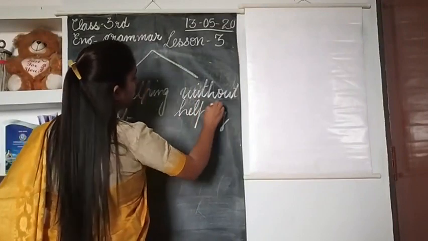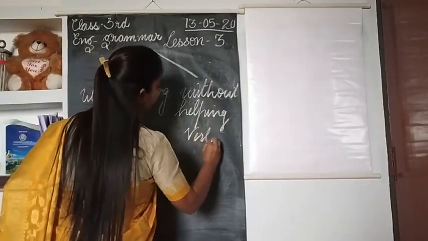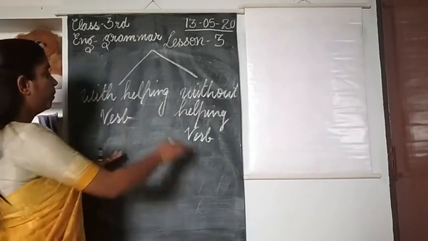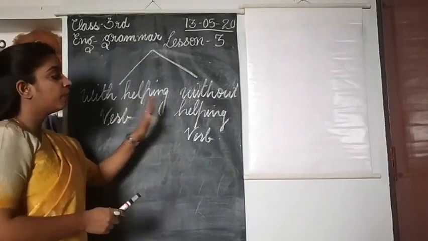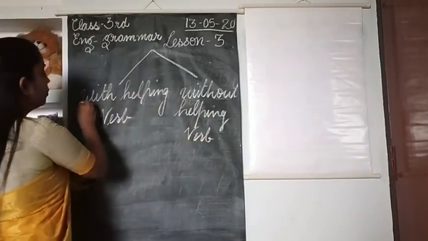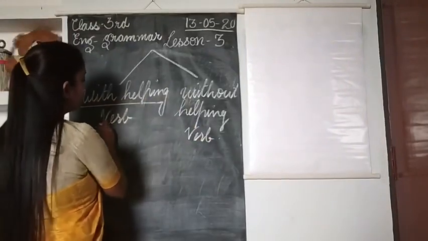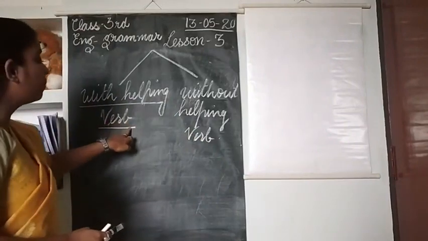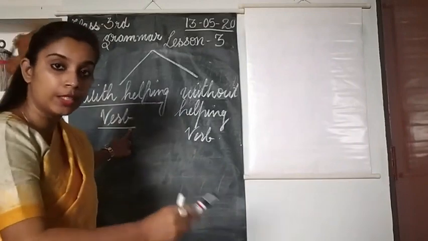Now here, children, see, some affirmative sentences may have a helping verb in them. Some of them do not have a helping verb in them. Now I'm going to tell you how to change an affirmative sentence which has a helping verb in it into a negative sentence.